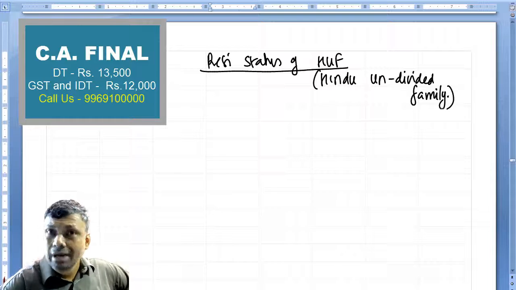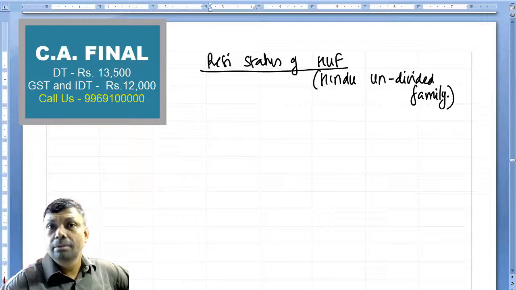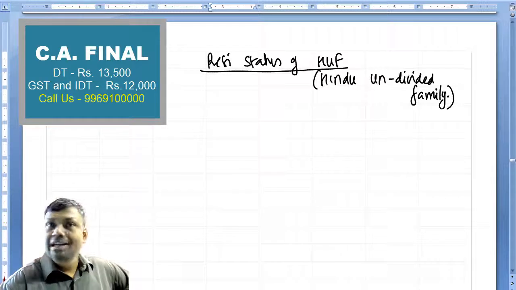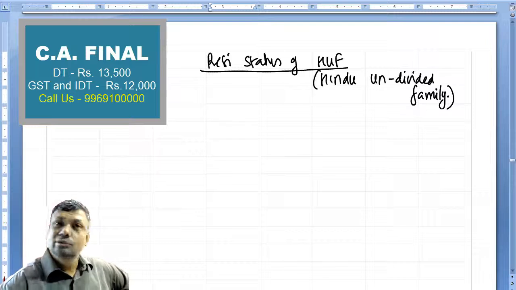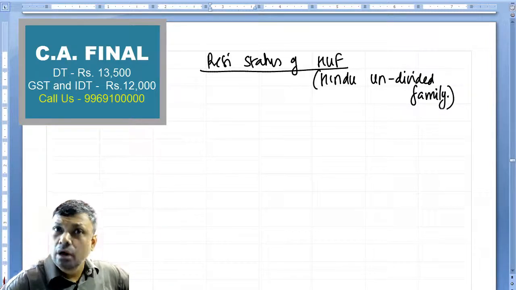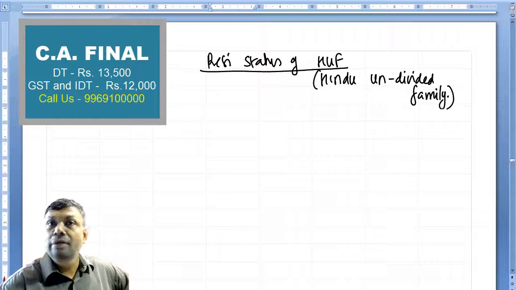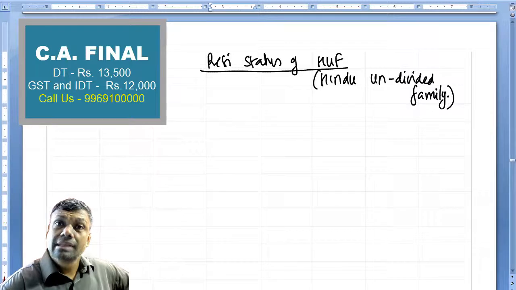And India, friends, is the only country where we have the concept of HUF. China doesn't have a CUF, Pakistan doesn't have a PUF. India is the only country in the world which recognizes family as a taxpayer entity. So we consider the family business as a separate assessable entity.